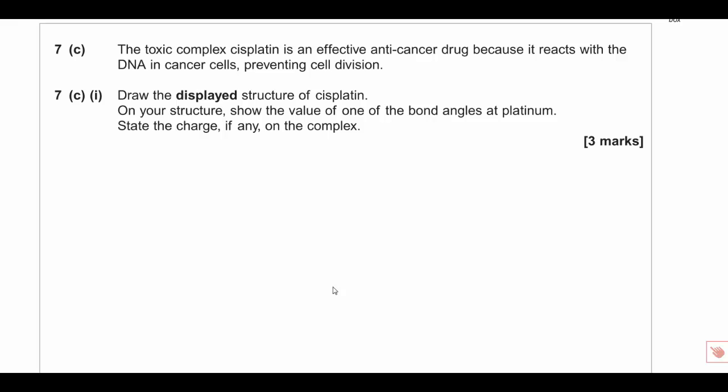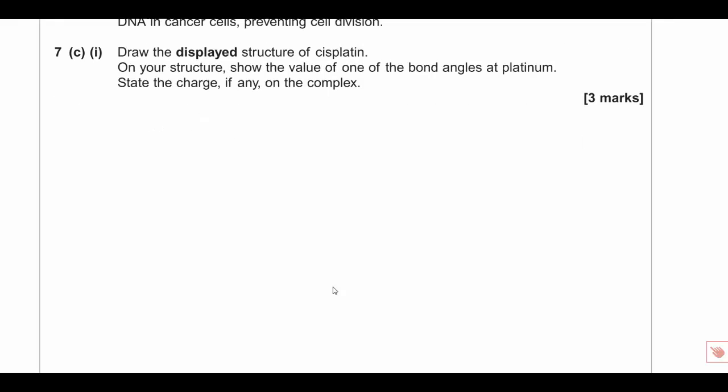Okay, the toxic complex cisplatin is an effective anti-cancer drug because it reacts with the DNA in cancer cells, preventing cell division. Draw the displayed formula of cisplatin. Okay, so displayed formula. So we've got our Pt in the middle. We've got our 4 bits there.